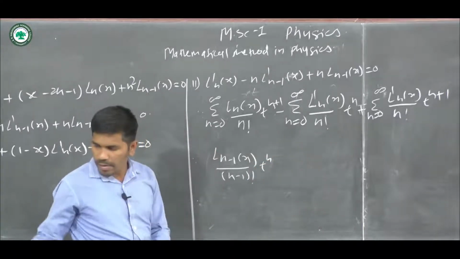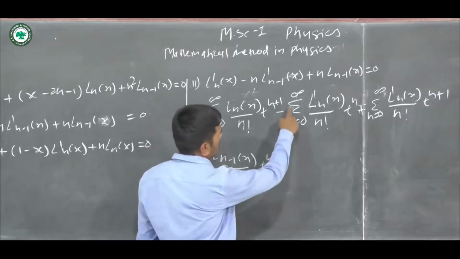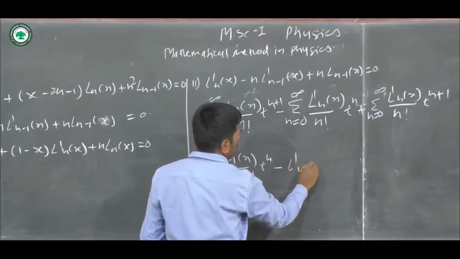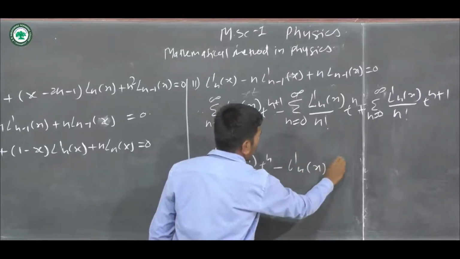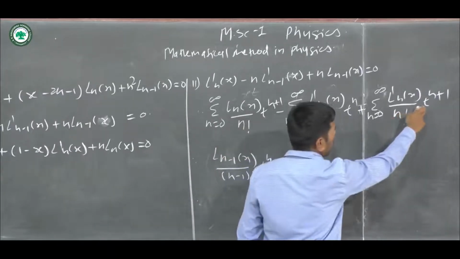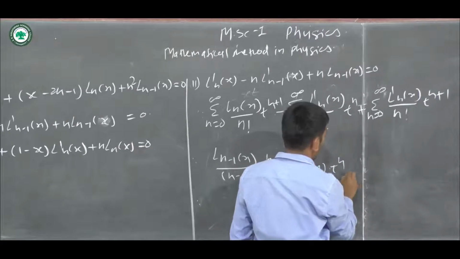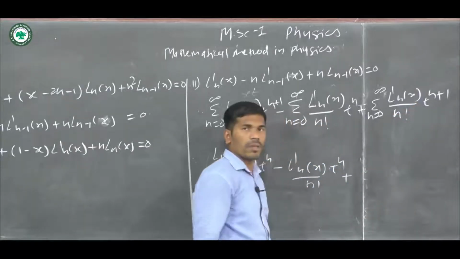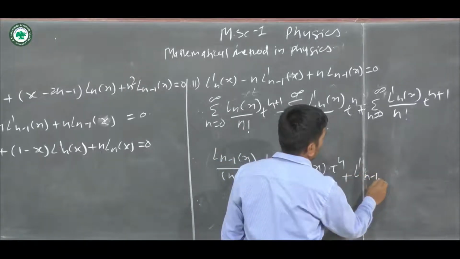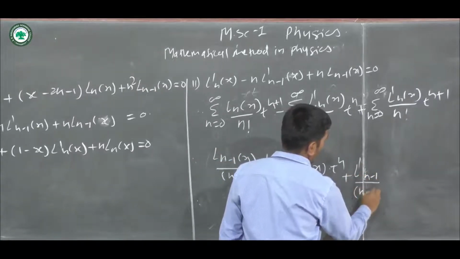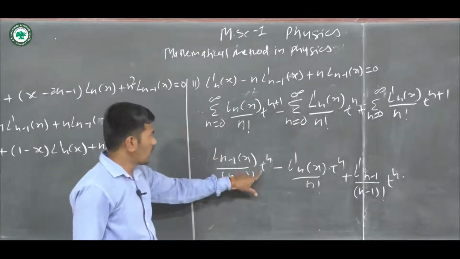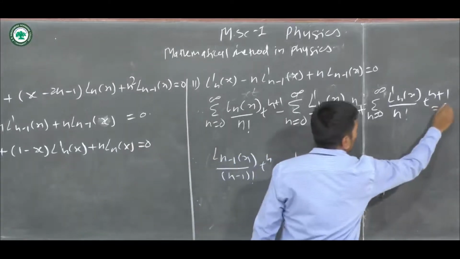And minus L'_n, here it is t power n by n factorial, so no need to replace, into t power n by n factorial. And here is also t power n plus 1, so the same thing, we need to replace n by n minus 1, so it is L'_{n-1} divided by n minus 1 factorial into t power n. So it is equal to 0.